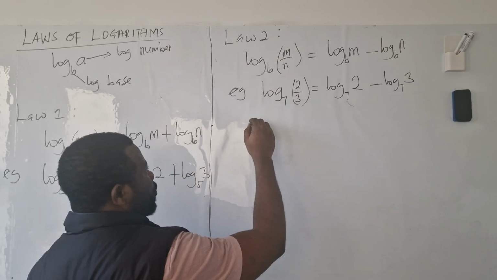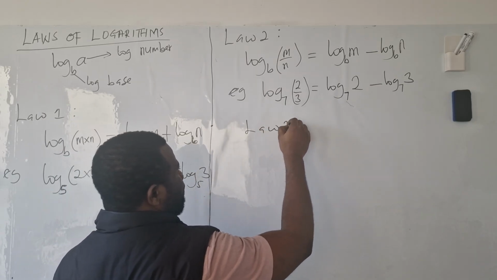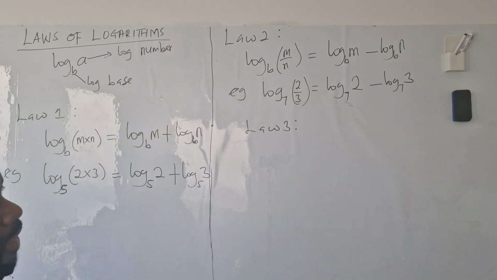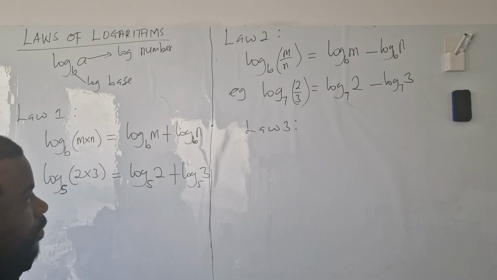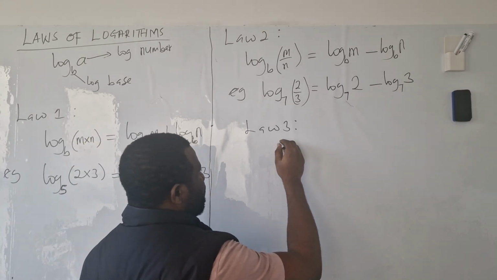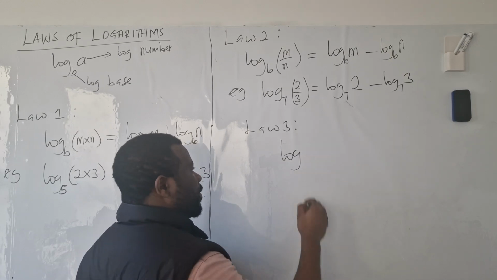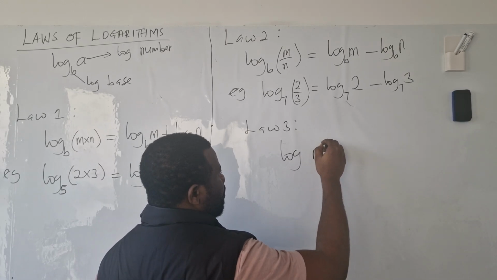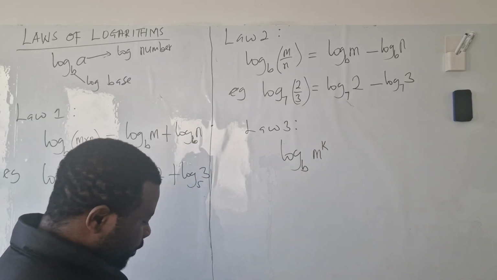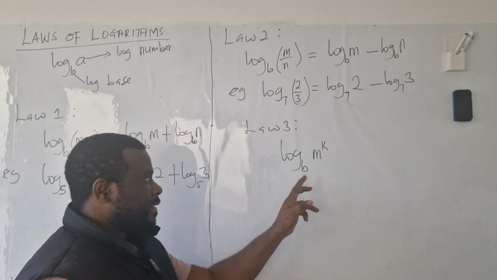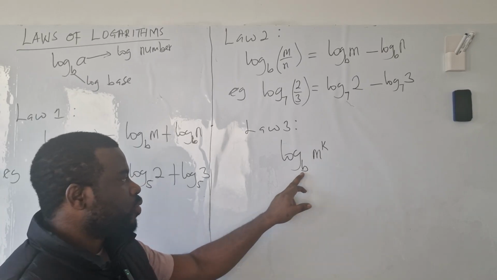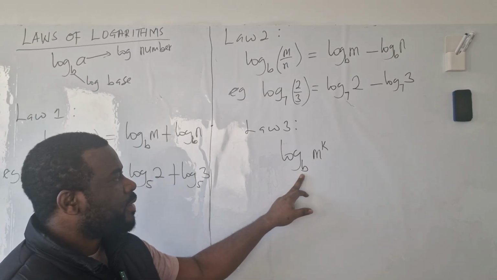Now let's look at law 3. People call that law the power law. But as I said earlier on, I don't want to give it any specific name. Good. So law 3 says that if you have log m power k to the base b, that is log of an index number to a base, how do you write this?